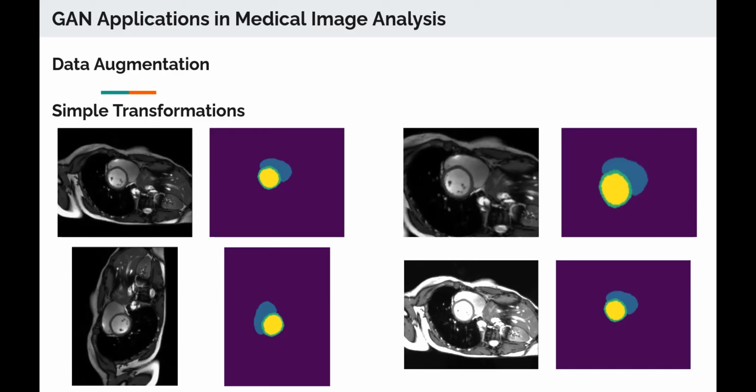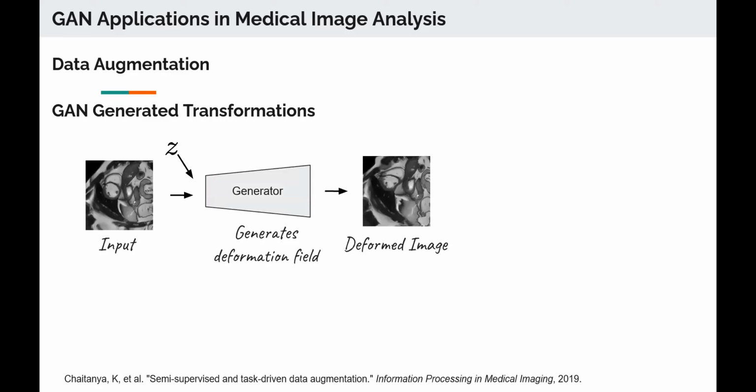Okay. So, and one way of doing this was proposed in this paper, which says, what I'm going to do is I'm going to start with my labeled image, one of the 10 images, and I'm going to give some noise vector, because this is what GANs do. I'm going to feed these two, like this image and the noise vector, to a generator network. And I'm going to ask the generator to produce a deformation field.